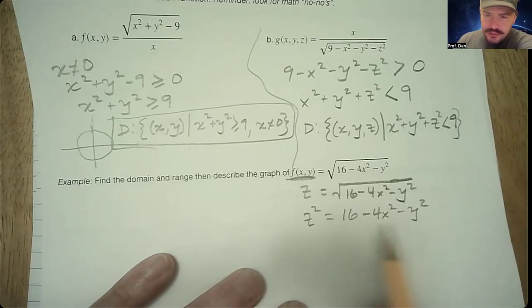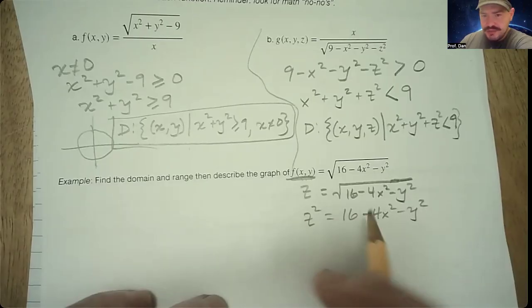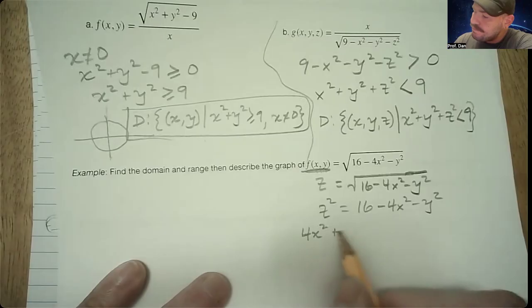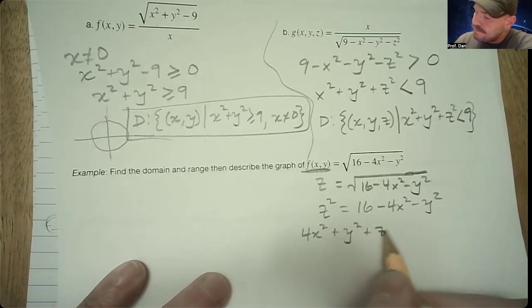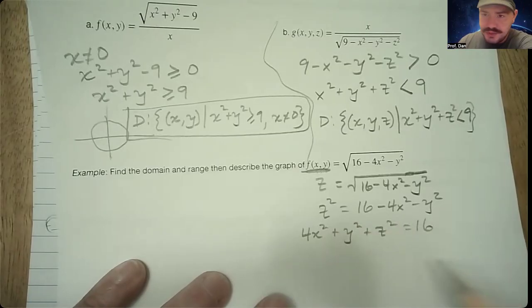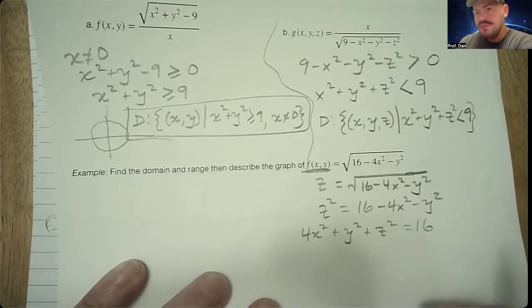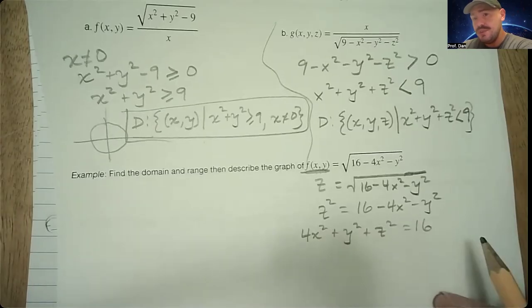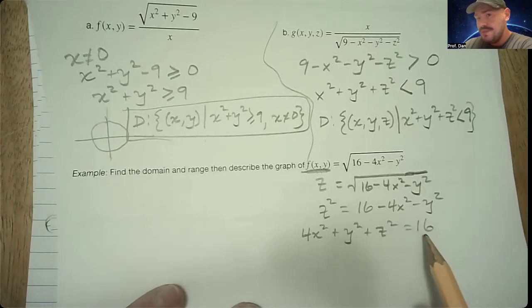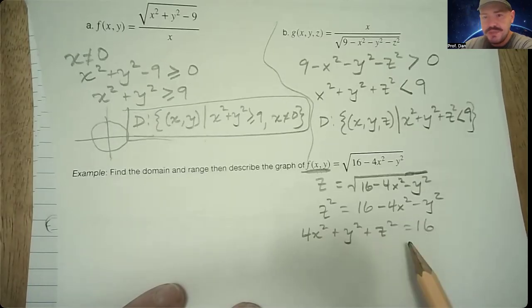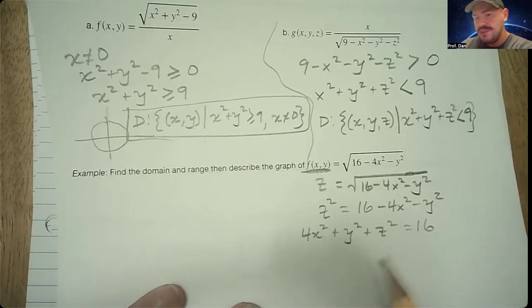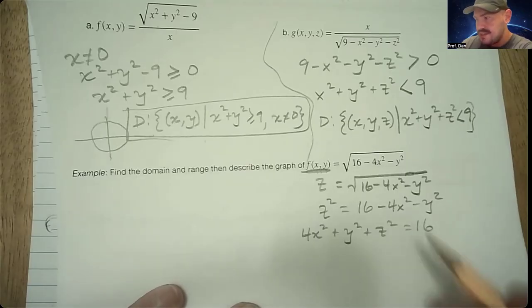If I move all of my variables to one side, this is where I am. And remember, when we looked at quadric surfaces, the right-hand side was either 1 or 0. So if I were to divide every term in the equation by 16, then I would have a right side of 1, and I would be able to identify what kind of surface this is.